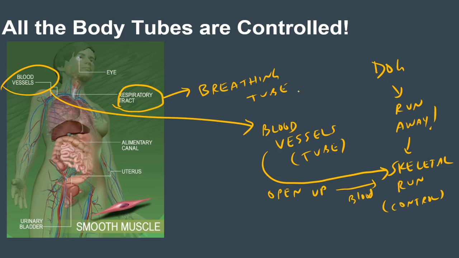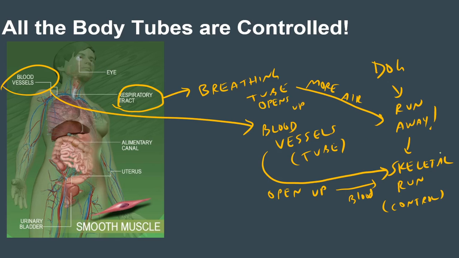And you're going to be breathing heavy. So again, when you run away, you're going to need more air to your lungs. So the muscle around those tubes is going to open up. So the breathing tube also opens up.